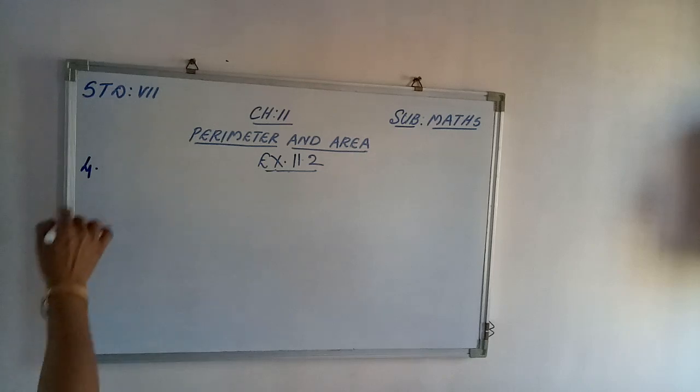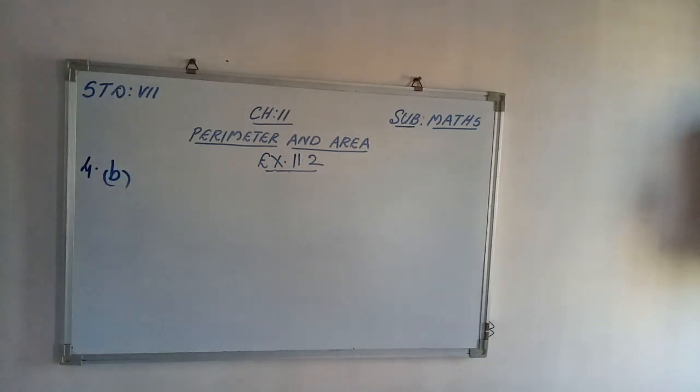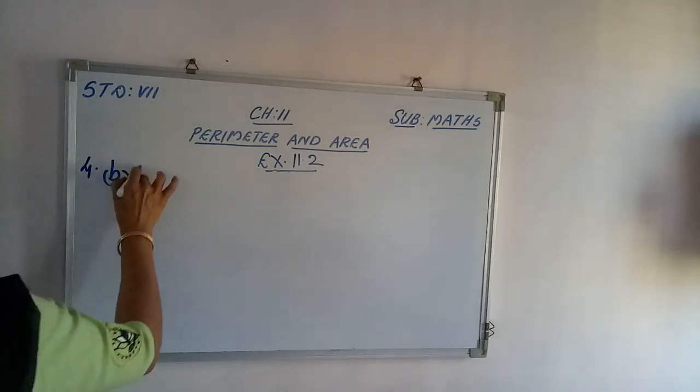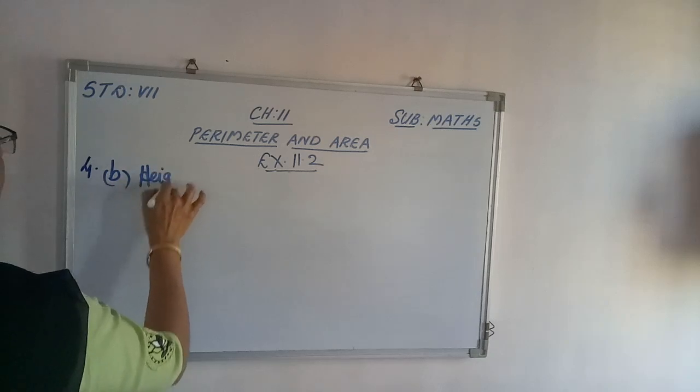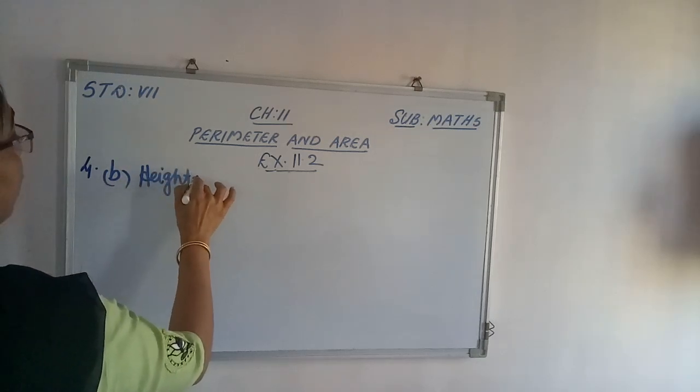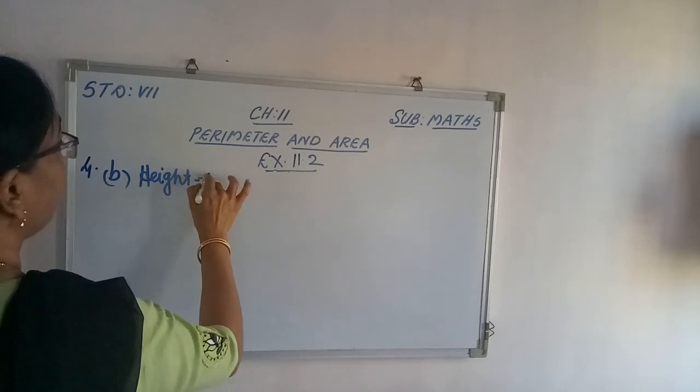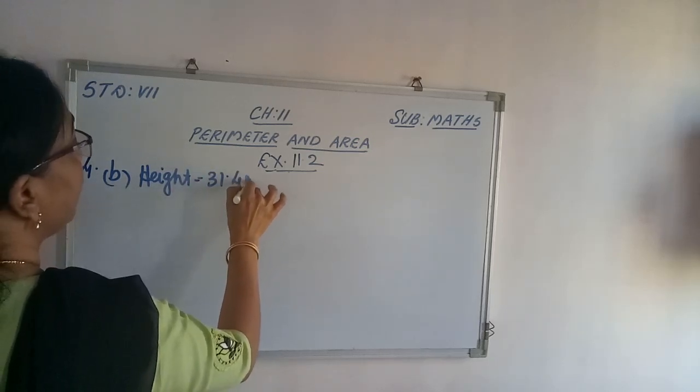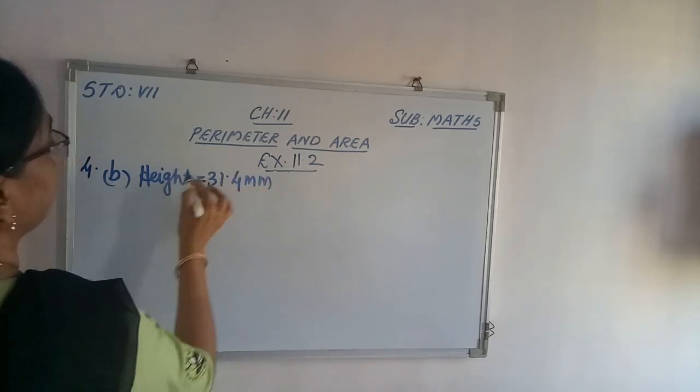Now B. For B, what is given? Height of triangle is equal to 31.4 millimeter. It is given in millimeter.